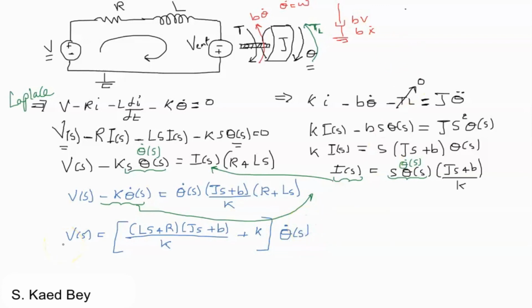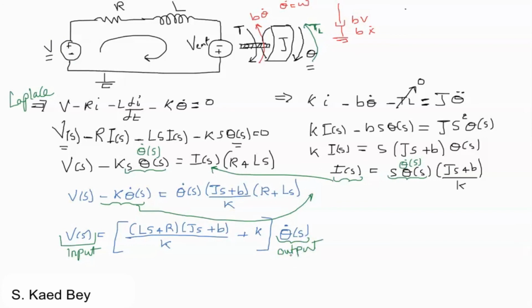Now remember, this is the input, which is the voltage, and this is the output we are interested in, which is the angular velocity that we're trying to control for that DC motor.